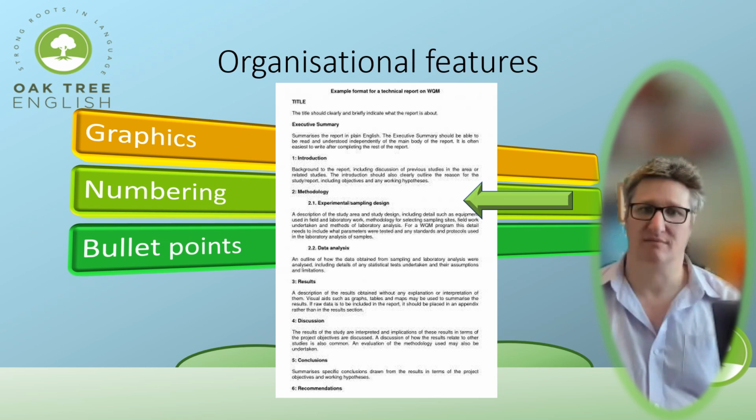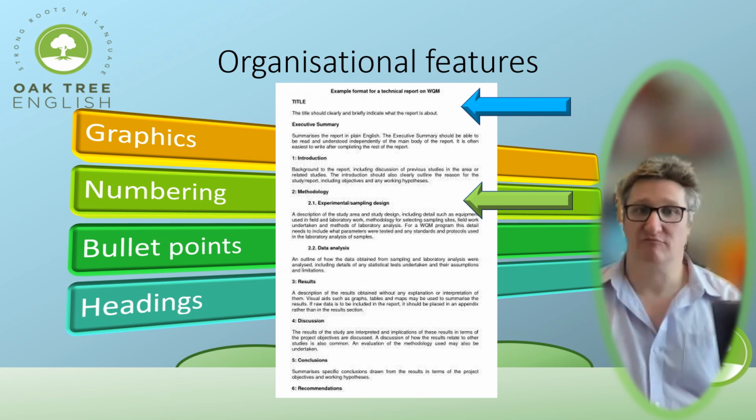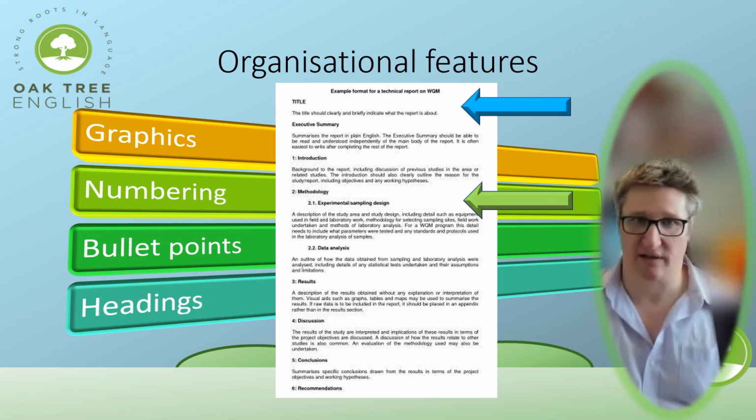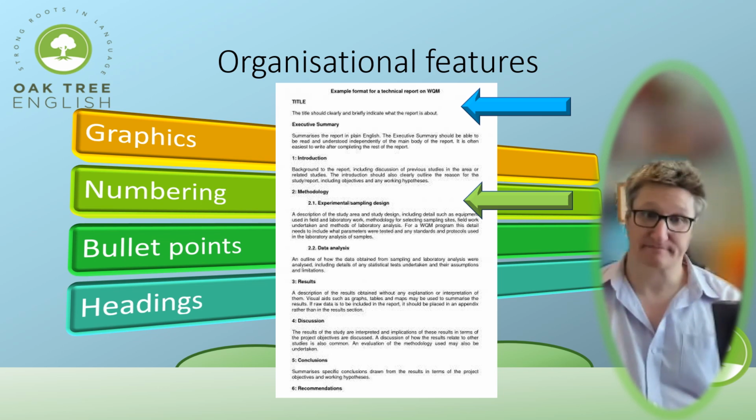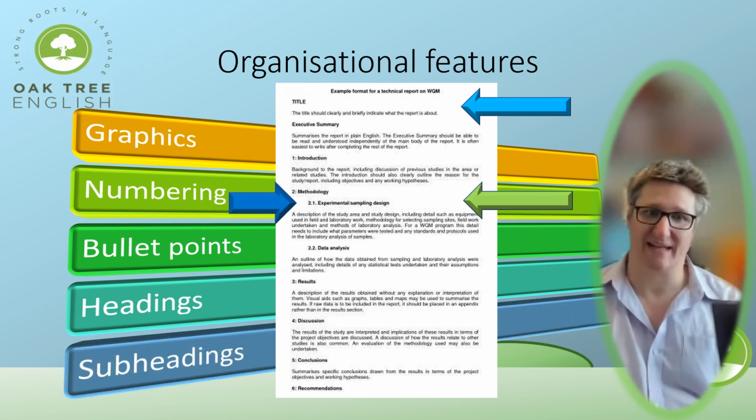It's extra kudos that you don't need to put too much effort into. You will require a heading, in this case example format for a technical report on WQM, whatever WQM may be. I've no idea. I'll just rip this off the internet. Don't tell anyone. So headings, and of course the other one that comes along with that is subheadings.